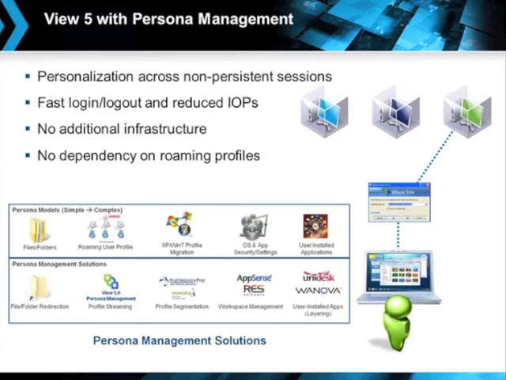Persona Manager downloads only the files that Windows requires at login, such as user registry files. When the users and applications open other files from the desktop profile folder, these files are copied from the stored user persona to the View desktop. This algorithm provides performance beyond that achieved with Windows roaming profiles.